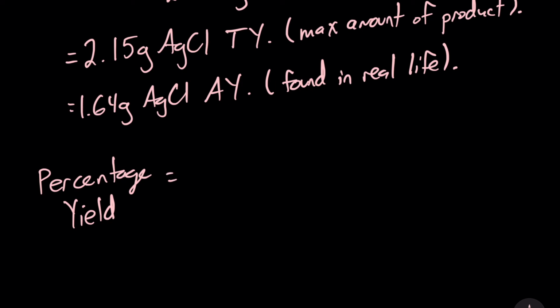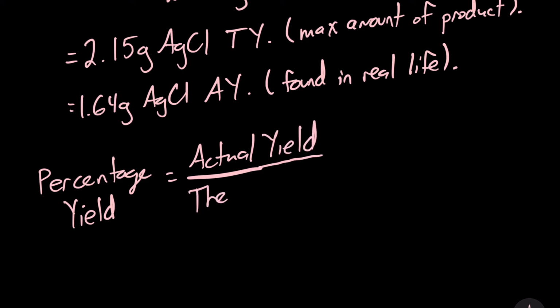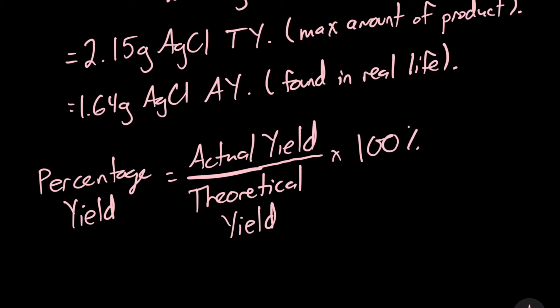So the percentage yield again is just the actual yield, and that's over the theoretical yield. So remember that your smaller number is always going to go on top and your larger number is always going to go on the bottom. Just as a little tip. And that's multiplied by 100%.